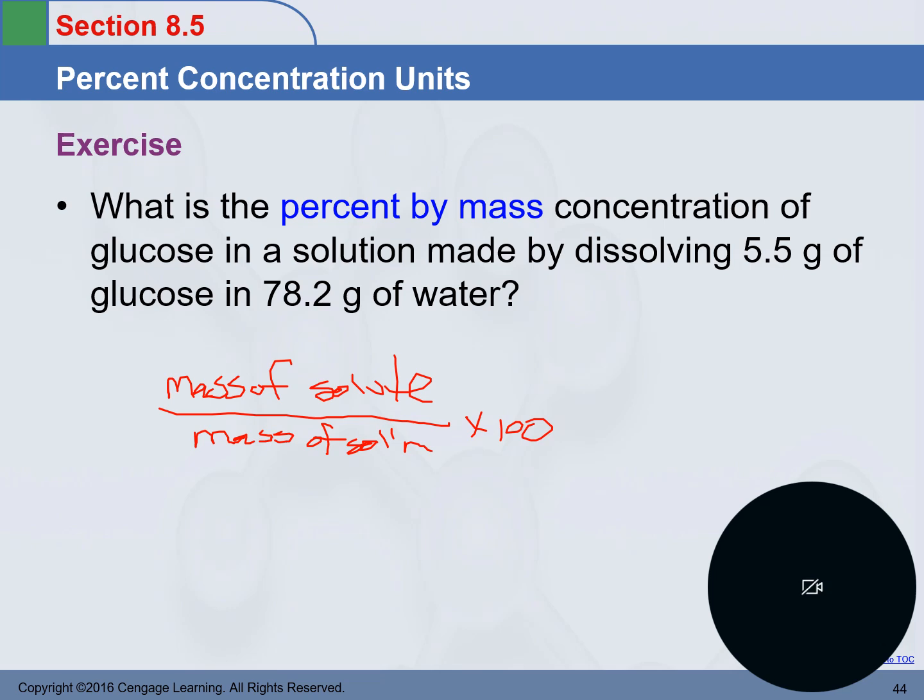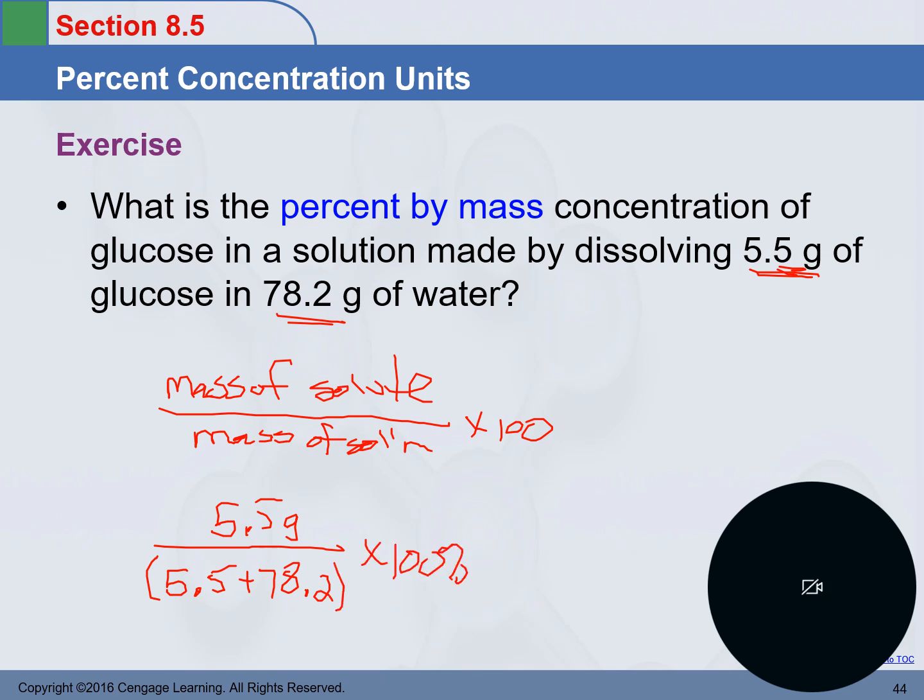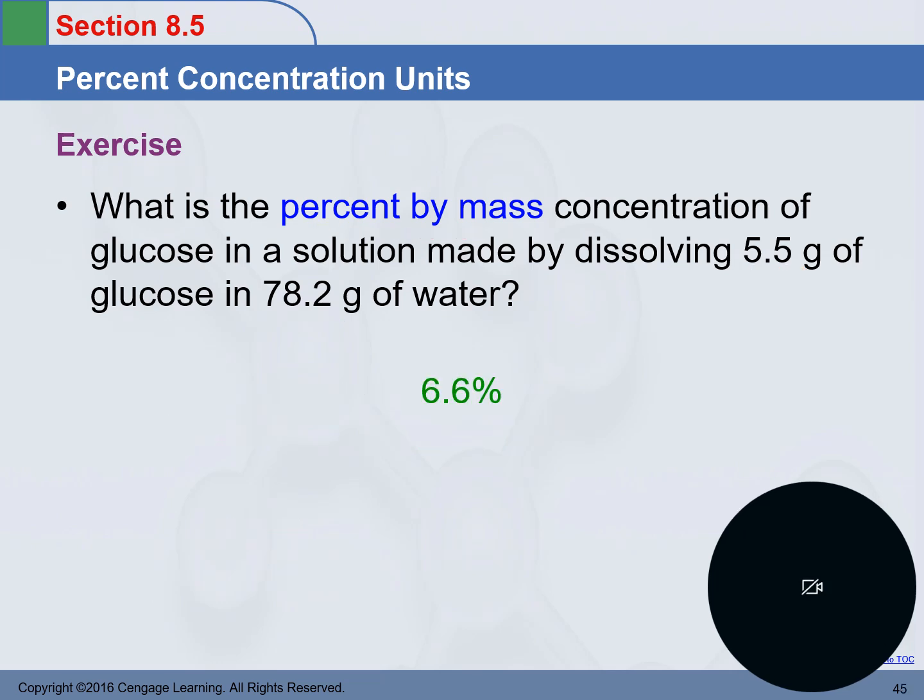So our solute is present in smaller amounts, so the 5.5 would go up on top, divided by the mass of the solution, which remember is the solvent plus the solute, so be careful with your parentheses here, 5.5 plus the 78.2 times 100%, and that's how you get the percent mass. When you crunch those numbers, you'll end up getting 6.6 if you round up a little bit.